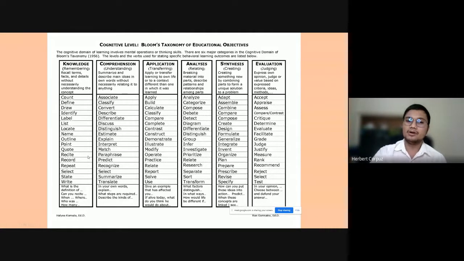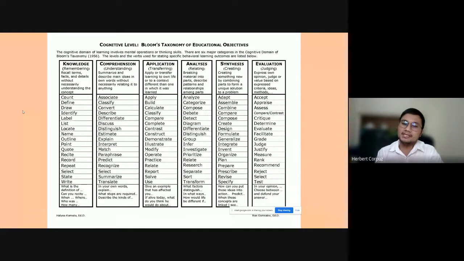And the verbs for each of these levels will assist us in writing our learning outcomes. Looking at these verbs, we also mean the development of skills of our students. And looking at these six categories of the cognitive domain, we can divide them into two.